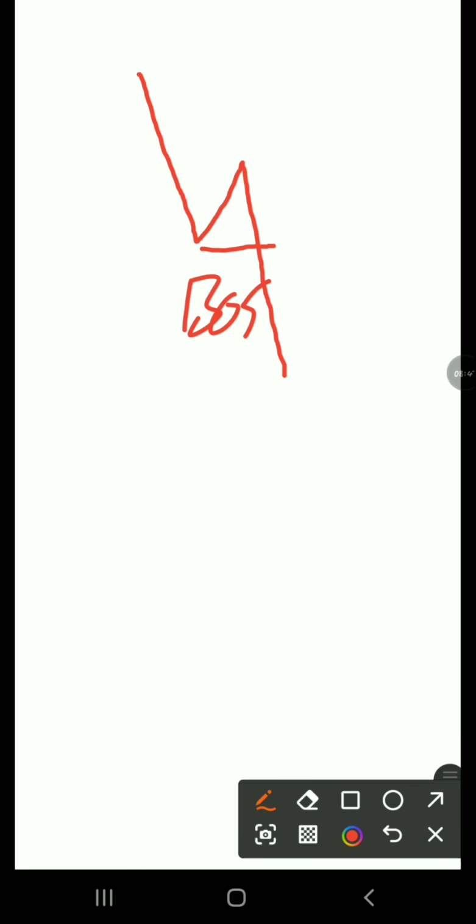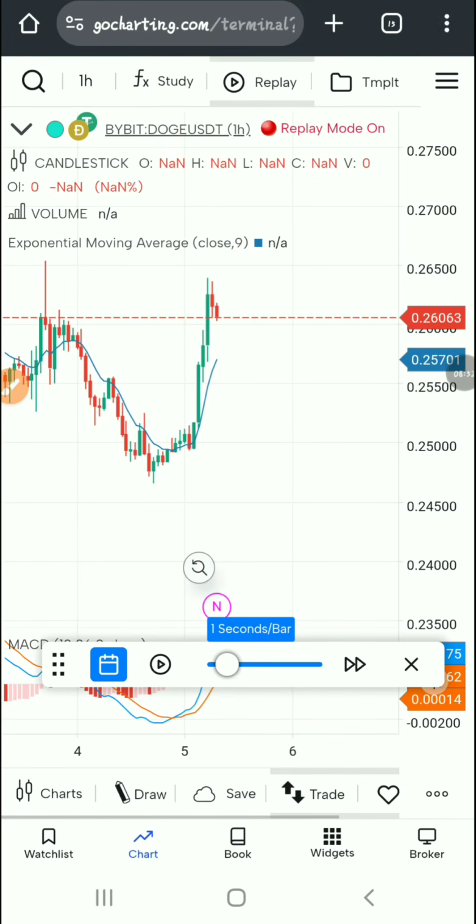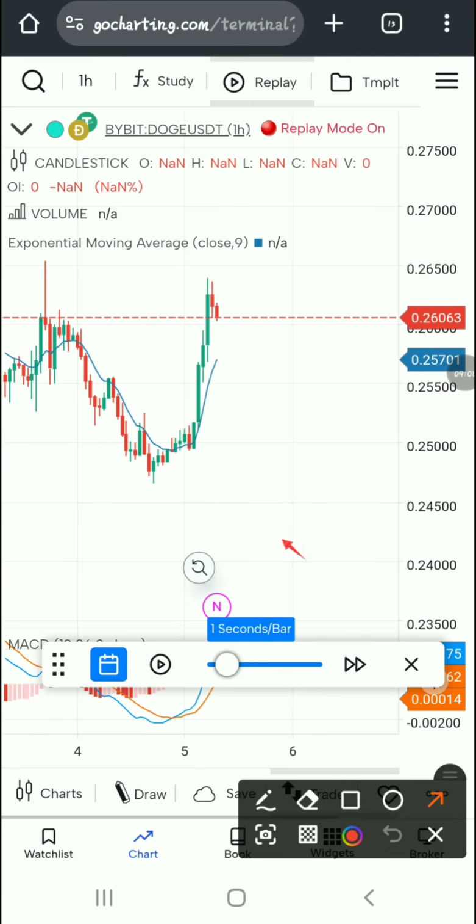Now what's the third factor? The third factor states that the up move must gradually come down in a demand zone scenario, or the down move must gradually go up in a supply zone scenario. What it means is that after spotting this demand zone, and then the move went up, if the price wants to come down, we don't want to see a very long candlestick breaking this zone over here.